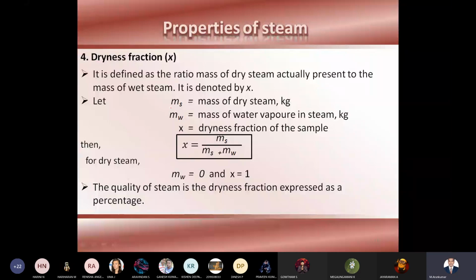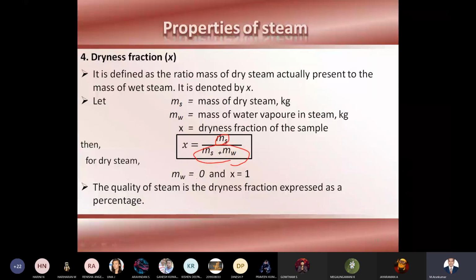Also, ms is the mass of dry steam and mw is the mass of water vapor in steam. Then x will give you the dryness fraction of the sample. That x can be calculated by the formula x is equal to ms by total mass, the mass of the steam divided by total mass.